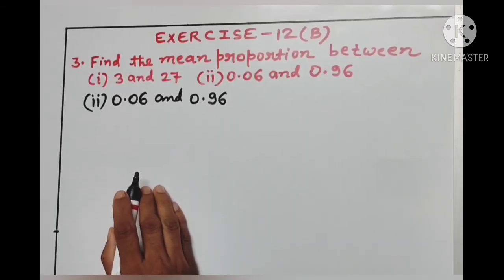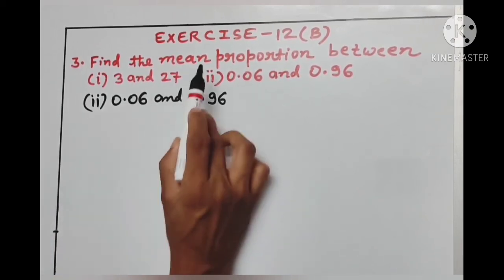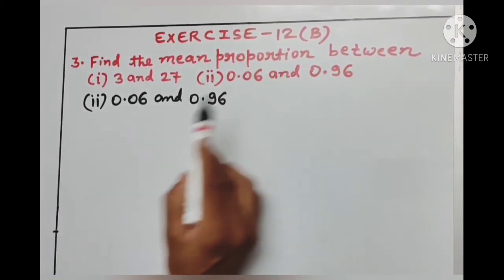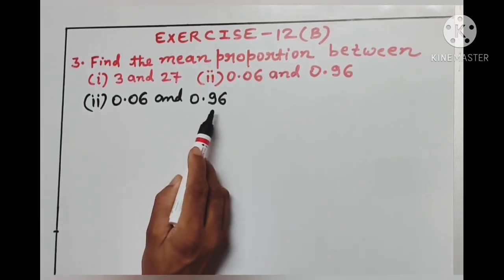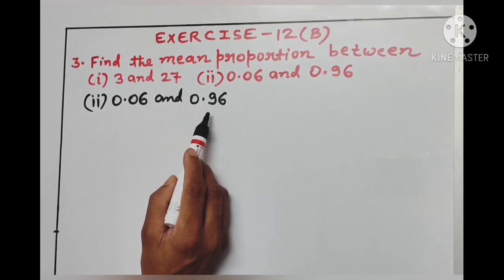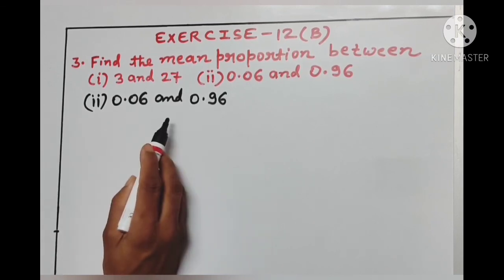Now I am going to solve the second question. We have to find the mean proportion between 0.06 and 0.96. Okay? So the same process we are going to apply here.